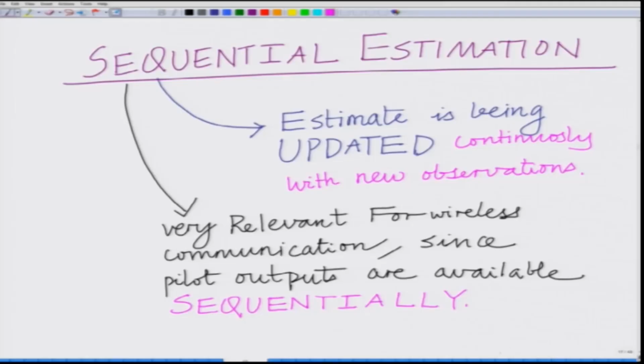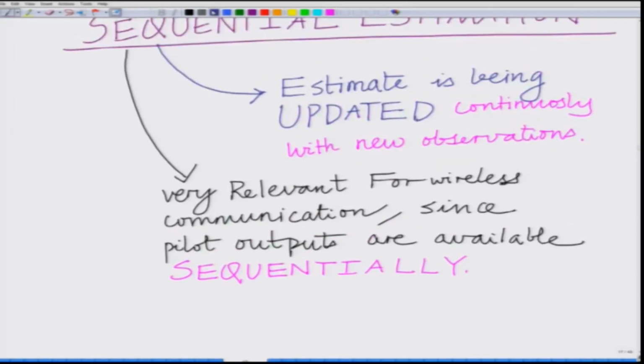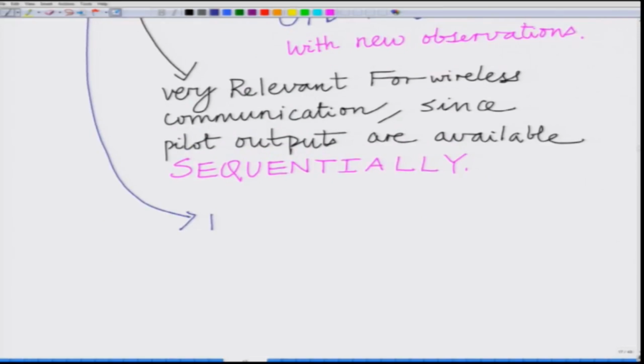So, one need not recompute the entire estimate, rather one can simply update the previous estimate, and that is really the keyword here. Instead of recomputing the estimate at every time instant, one can simply update the estimate from the previous time instant. So, let us summarize: what is sequential estimation about? Instead of recomputing the estimate, simply update the estimate from the previous time instant.